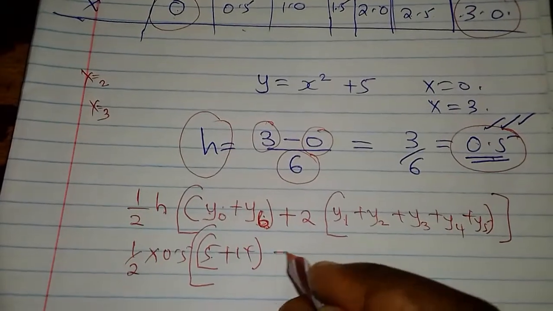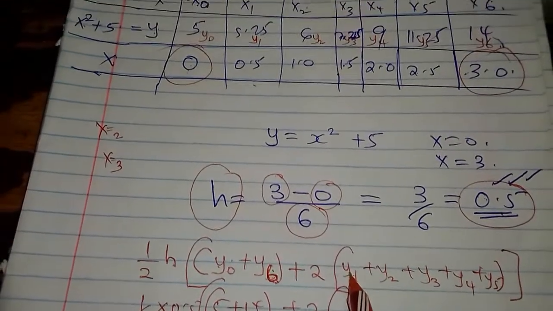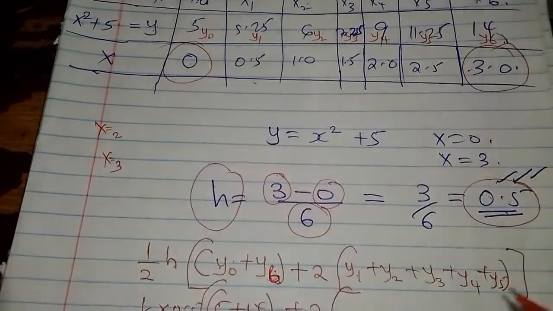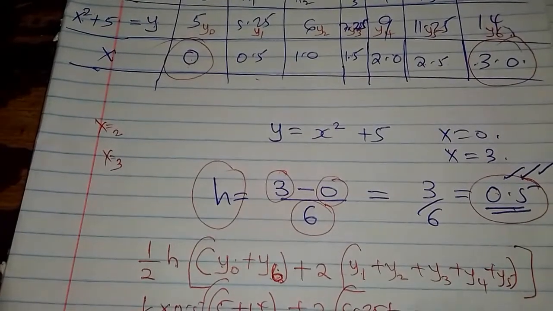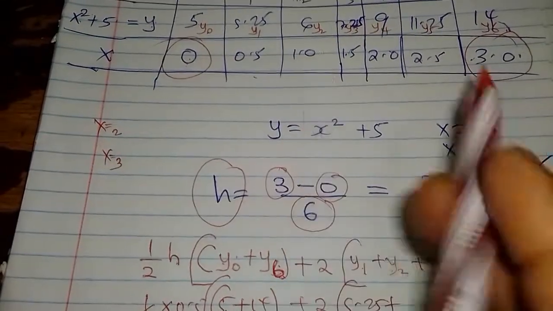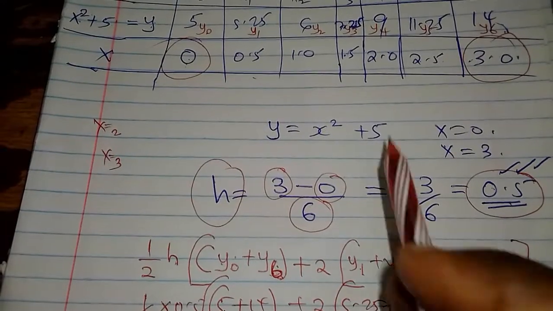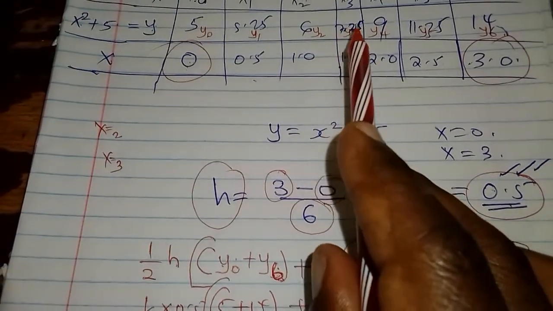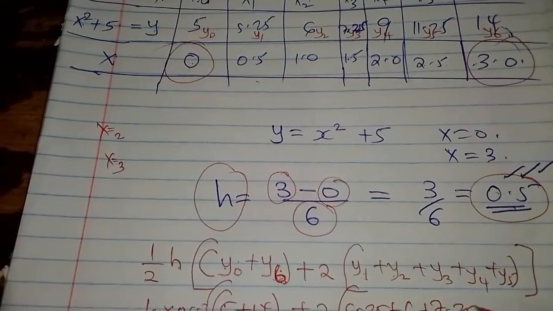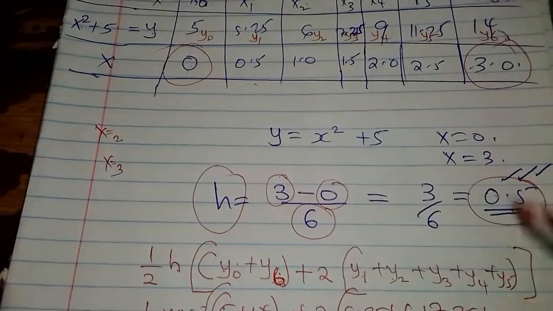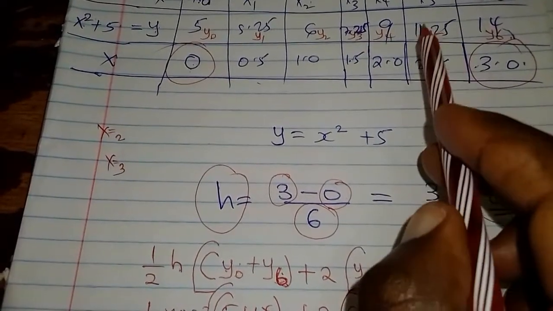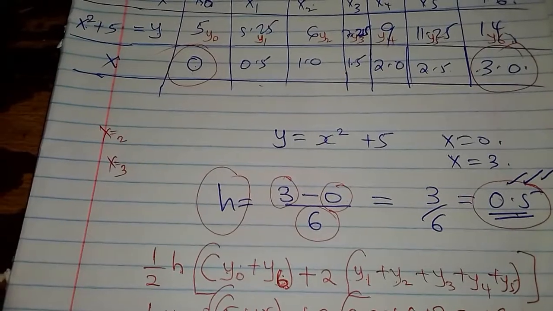Then we have plus 2 into y1. y1 is 5.25, you can see it there. Then y2 is 6, y3 is 7.25, y4 is 9, then y5 is 11.25.